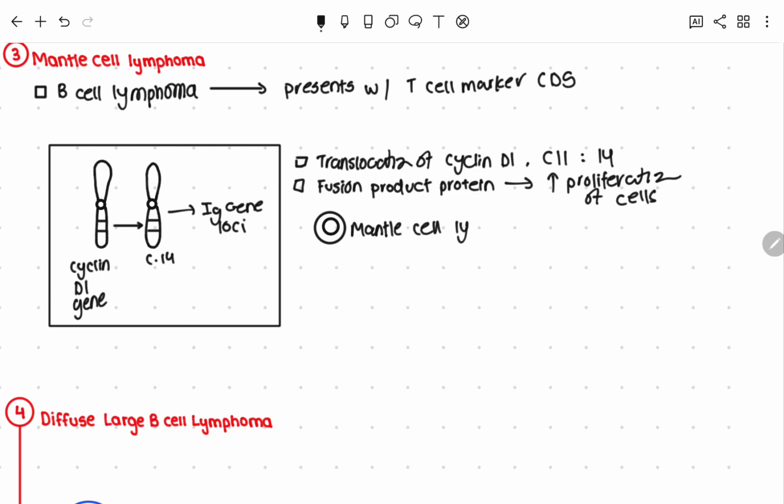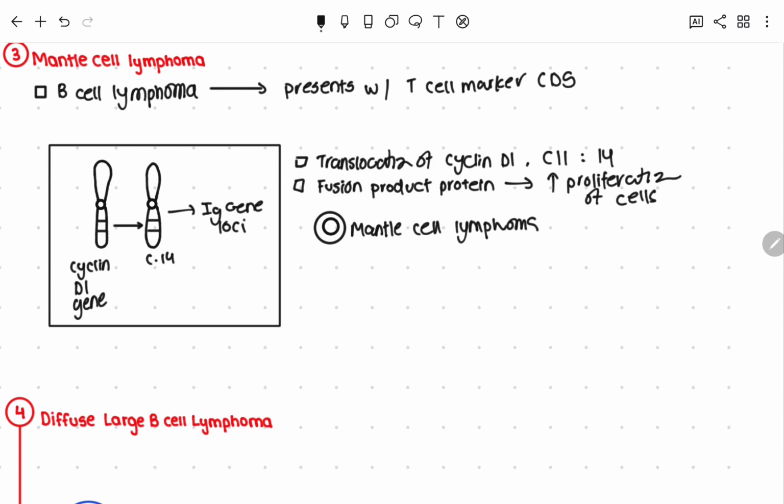So mantle cell lymphoma. You go back to the lymphocytic pathway and you will see that the mantle cell type was one of the first cell types that we encountered within the lymph nodes, and these were cells that were relatively poorly differentiated. Go back to how pathology works, go back to how tumors work.